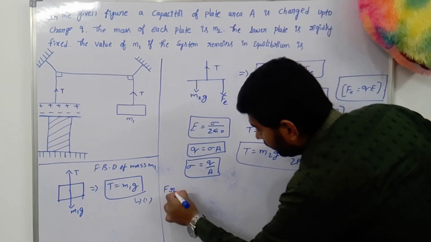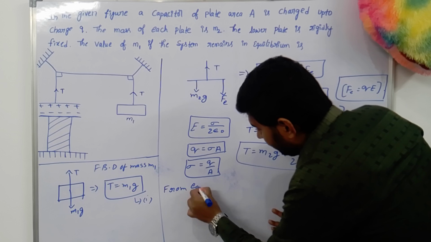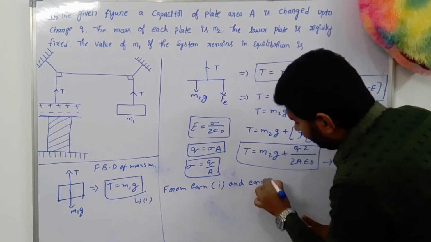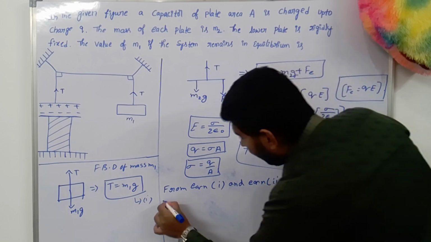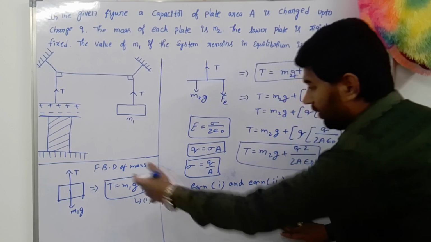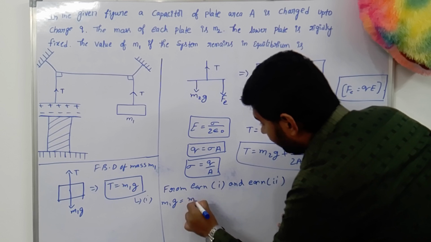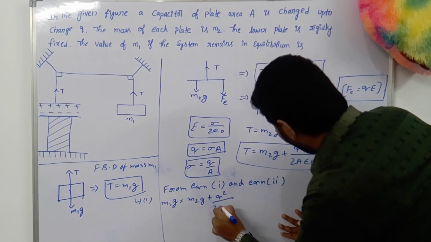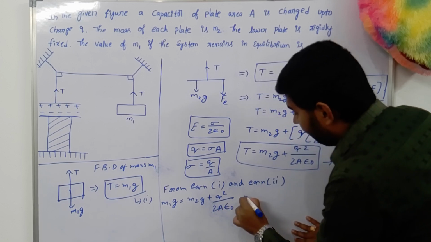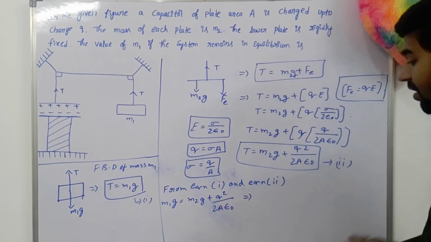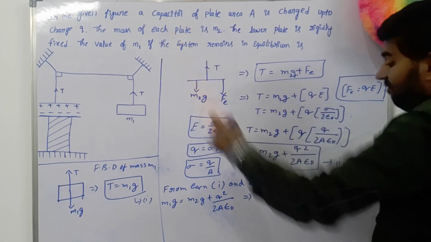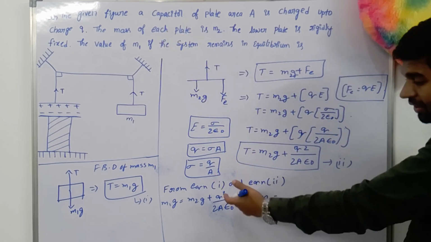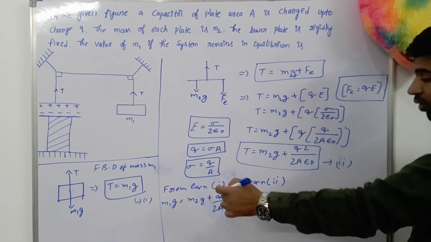From equation 1 and equation 2, how can I write? T is equal to M1g is equal to M2g plus Q square by 2A epsilon naught. From this, if you want to find out M1, because they are asking the value of M1, M1 is equal to M2g plus Q square by 2A epsilon naught, whole divided by g.